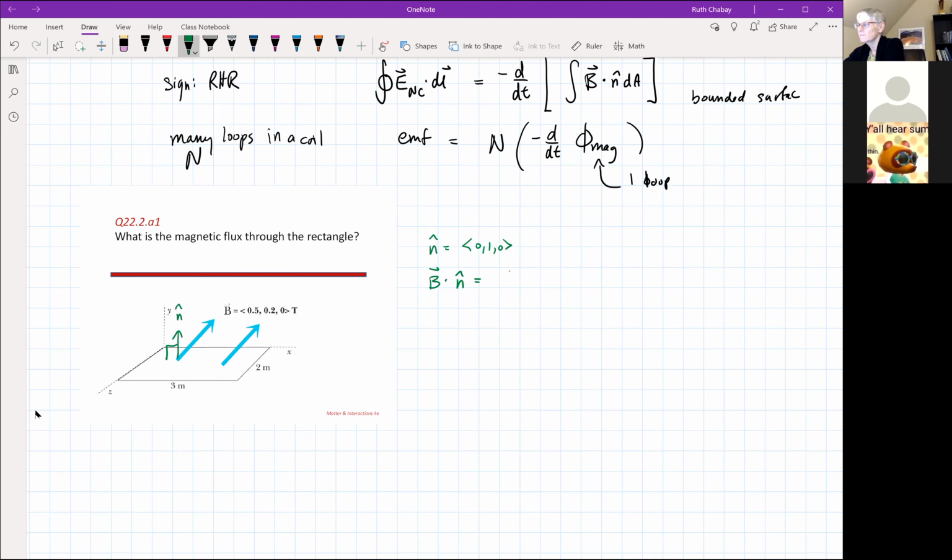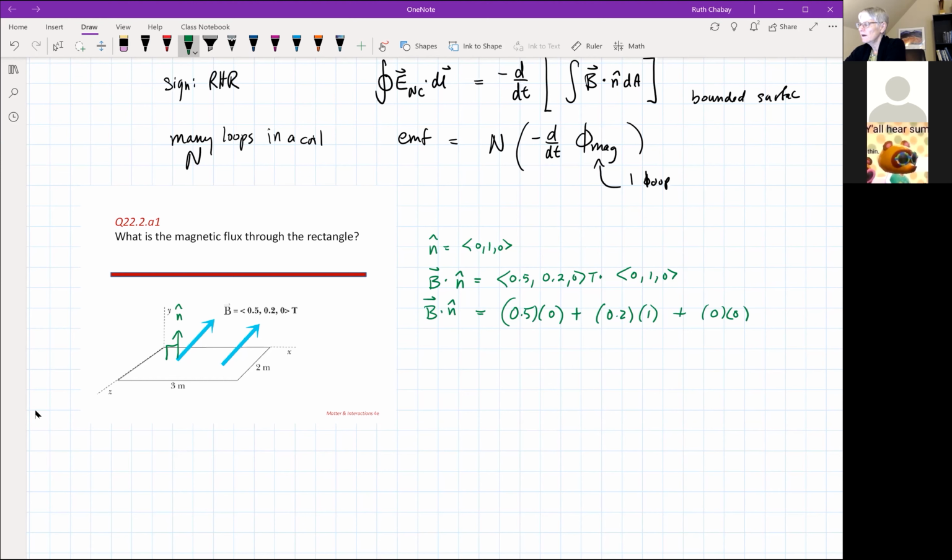It's going to be 0.5, 0.2 Tesla, 0 dot 0, 1, 0. Remember that a dot product gives us a scalar, so it's 0.5 times 0 plus 0.2 times 1 plus 0 times 0.